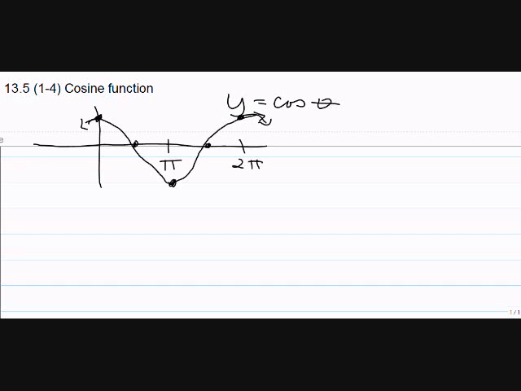All right. So let's try graphing some cosine that is not simply cosine theta. If I want to graph y equals 3 cosine 2 theta, that 3 is what? That's our amplitude.